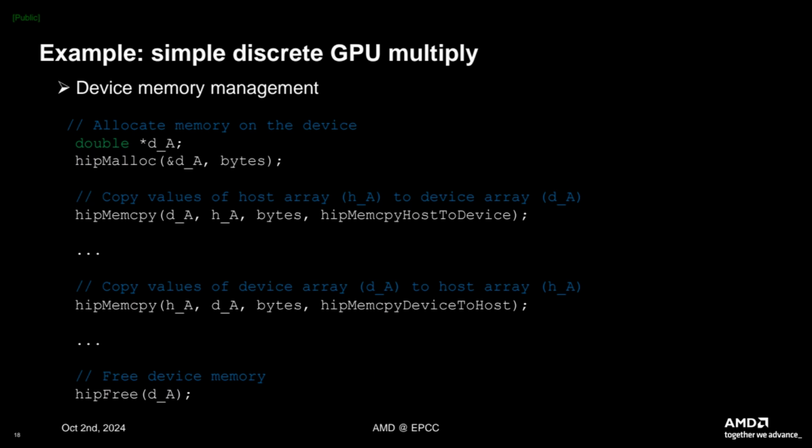We've seen yesterday that we can mimic the APU programming model on the discrete GPU with an appropriate environment variable, but for discrete GPU, explicit memory management is recommended. In this slide, I'm highlighting the specific steps for explicit management of memory: allocation on device, copy from host to device, some computation, then copy back from device to host and freeing the memory.